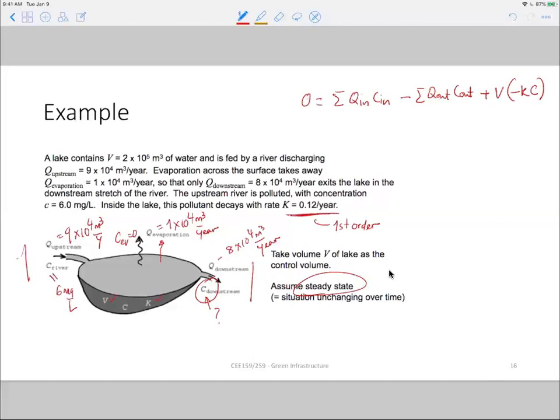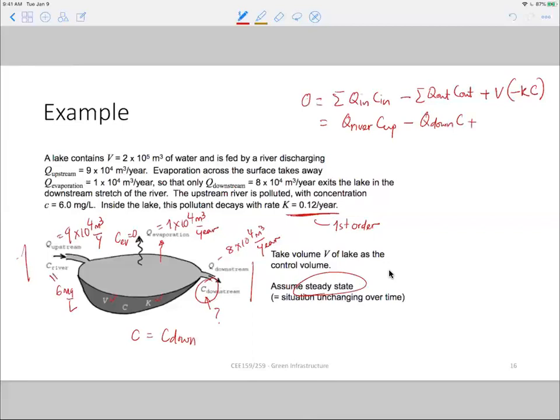Now if you write all the terms, Q in would be Q river times C upstream. Q out, the very first one is the downstream, Q down times C down. Again, we can make the assumption that what is in the pond is the same as C down. So you can write C out is C.